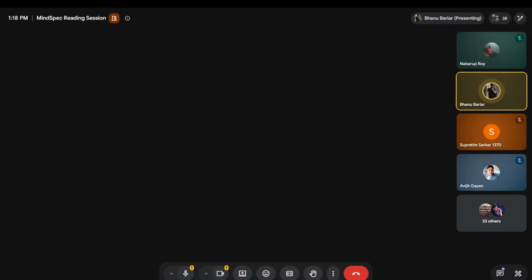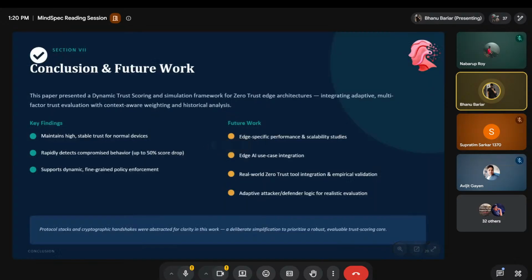Although currently validated through simulation, the proposed methodology provides a strong foundation for future zero trust systems operating in industrial IoT, smart cities, autonomous vehicles, healthcare, and other mission critical edge applications.